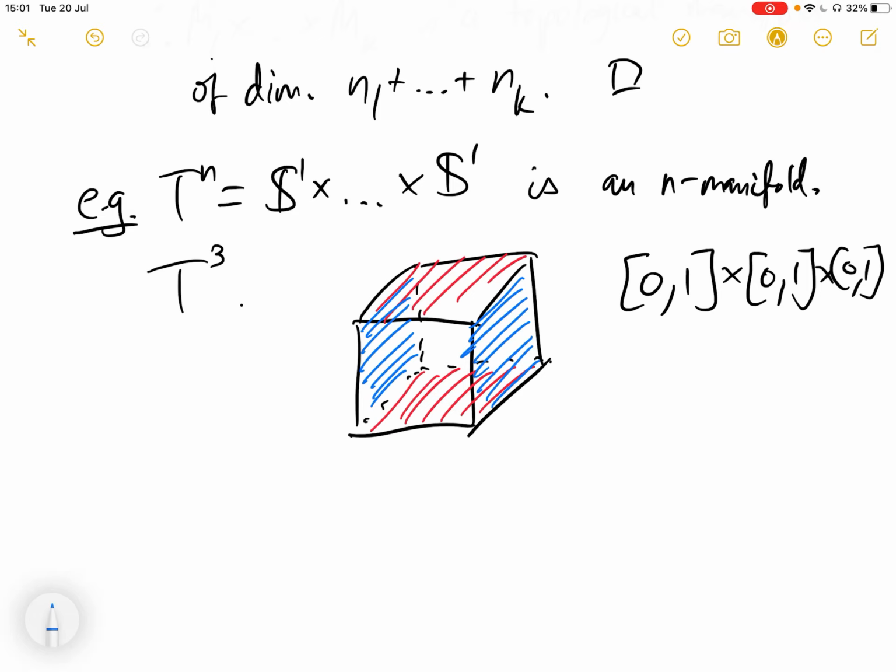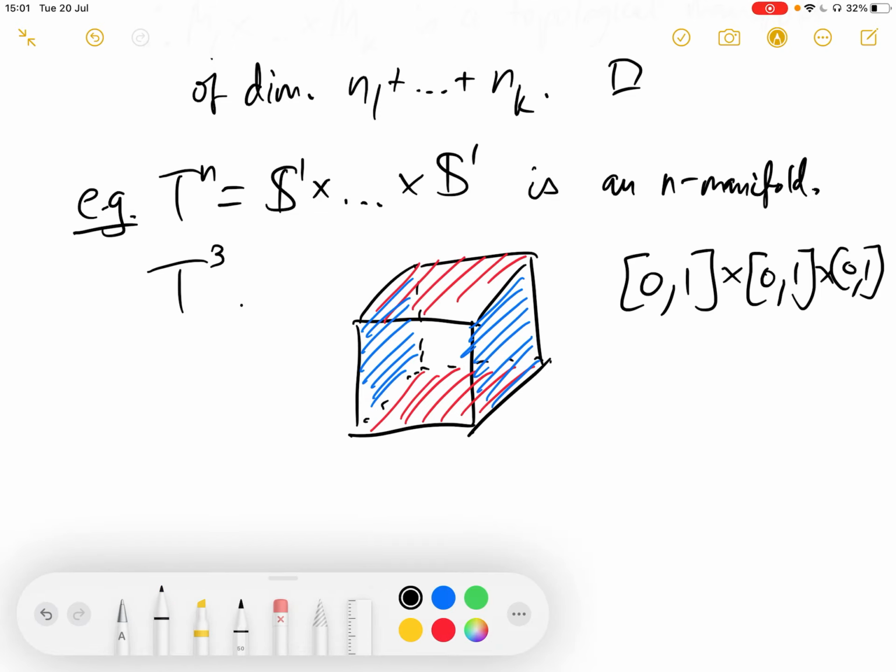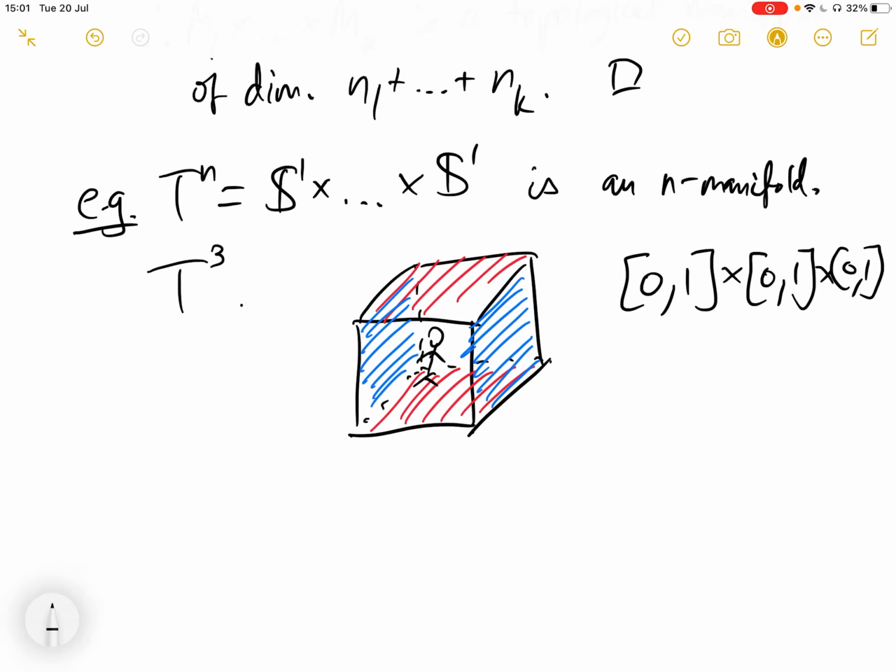It's hard now to imagine what you get once you've glued all of those together, but you can imagine what it's like to live inside such a world. If you live inside a 3 torus, then it's like walking through this wall on the right, you'll come out through this wall on the left. And if you go up through the ceiling, you'll come out through the floor, and so on. So that's just a little bit about what it would be like to live inside a 3 torus.